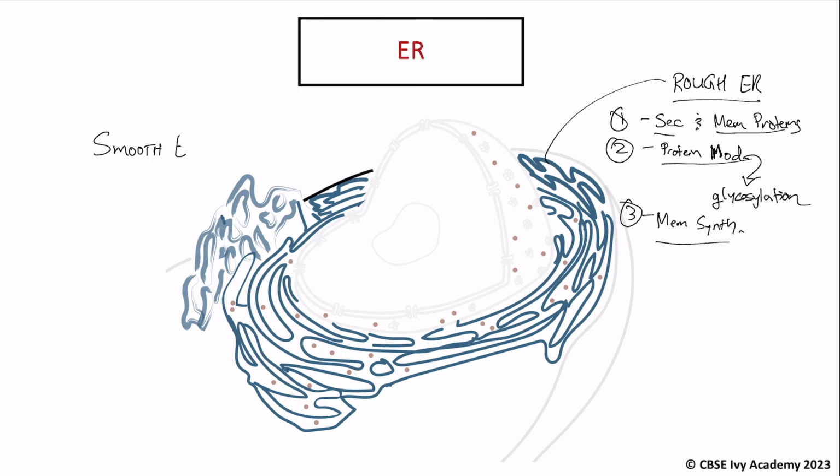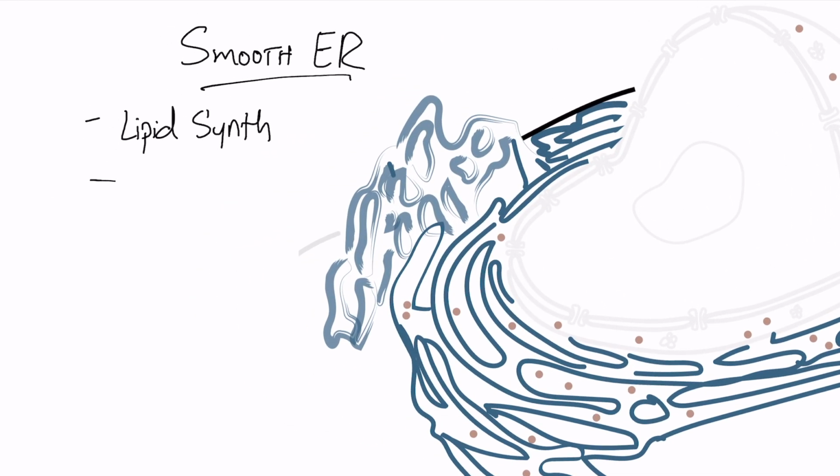Smooth ER. So what are the functions of the smooth ER? It's involved in lipid synthesis. It'll make, for example, steroids, the female and male sex hormones. It's also involved in carbohydrate metabolism.